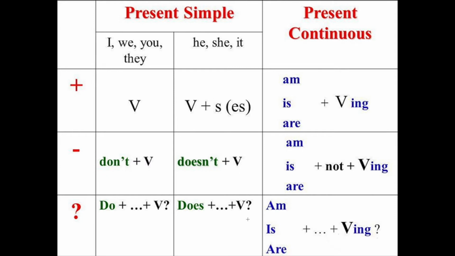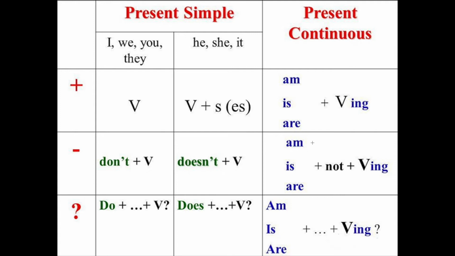Then we're going to work with some examples. Here we have present continuous, and the present continuous tense is very simple if we compare it with the present simple. We're going to use the verb to be, am, is, and are, plus a verb that ends in ing.